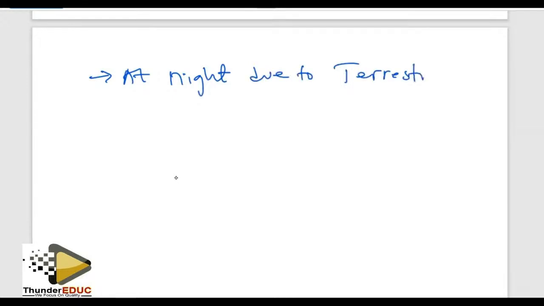We could say that at night, due to terrestrial radiation, this is when the land loses the heat.